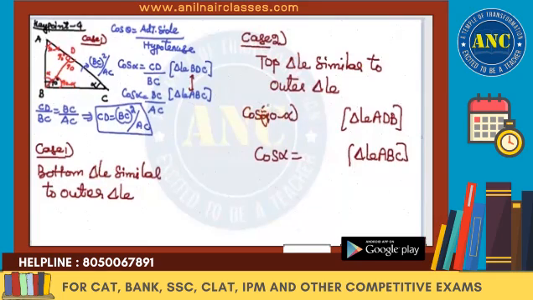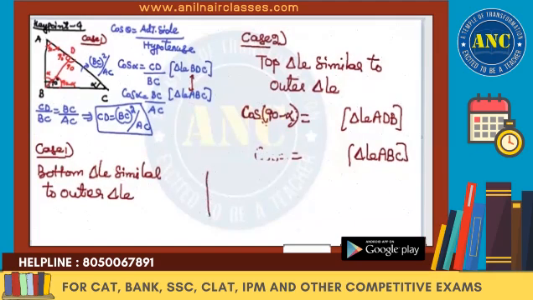Another beautiful relationship we will get. Then we will solve the problems. What is cos of 90 minus alpha? What is cos theta? Adjacent side by hypotenuse.